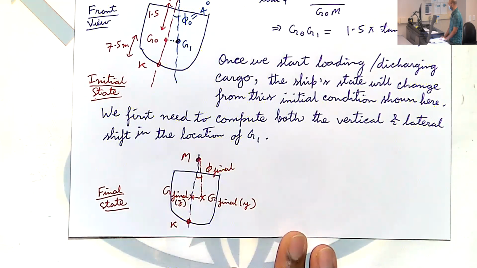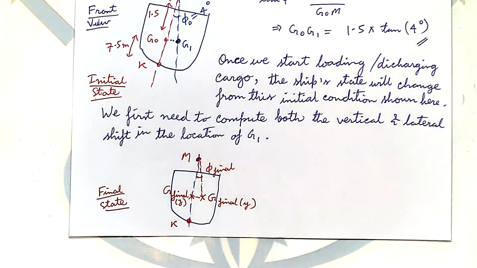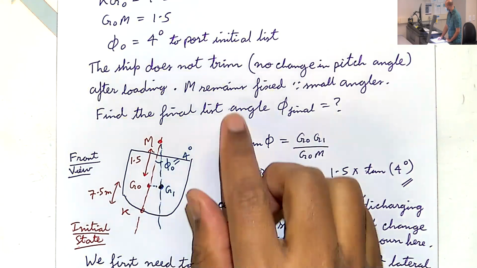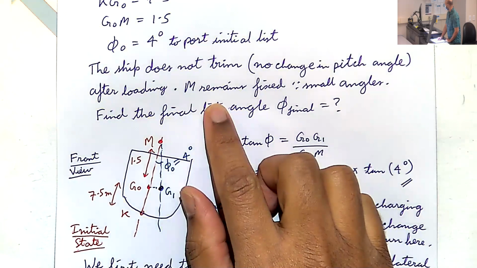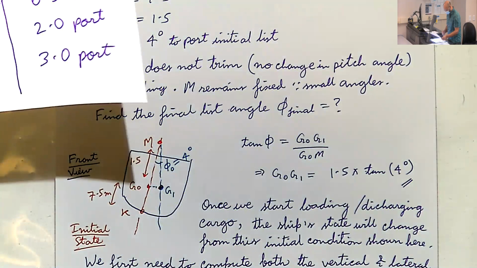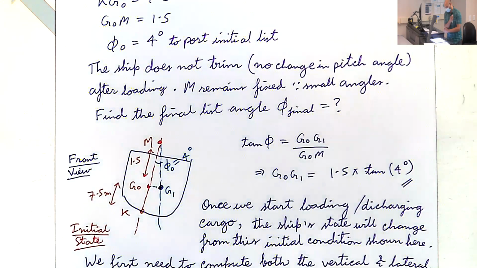One second. How can M not change since we did a net loading and added more weight to the craft? Let me think. Will loading make a big difference? It will if you change it substantially, but let's see. Here, the net loading turns out to be 900, so 10%.